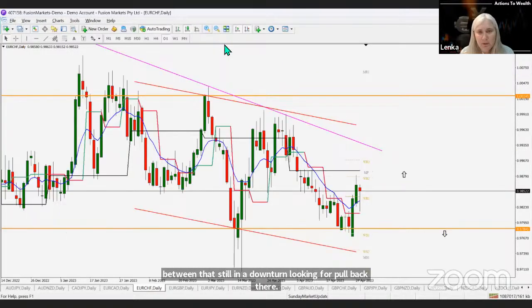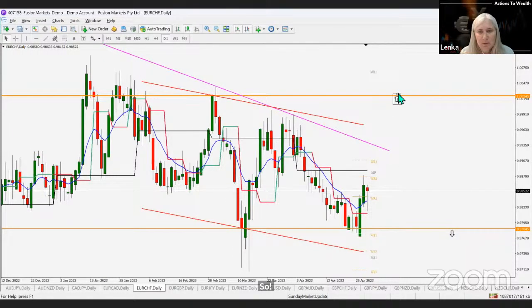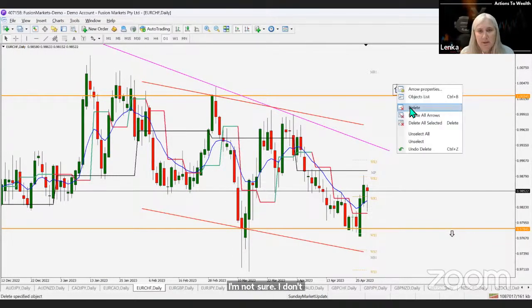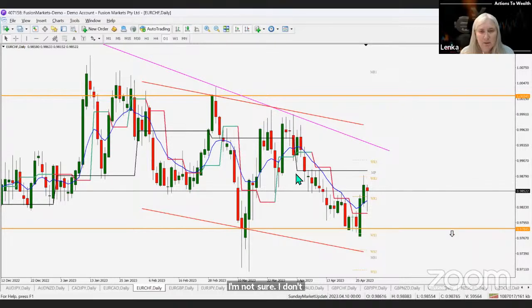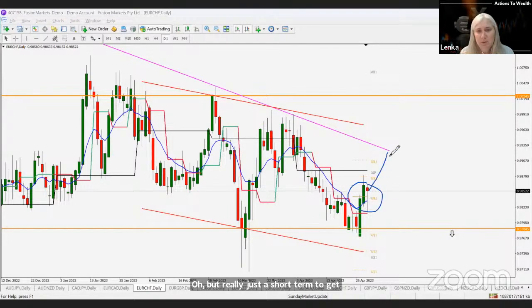I'm not sure. I don't think I should have that there. Oh, that's probably because of the double bottom. Double bottom there. It's possibly looking like it's retracing, but really just a short term, you know, this could just be going to here.